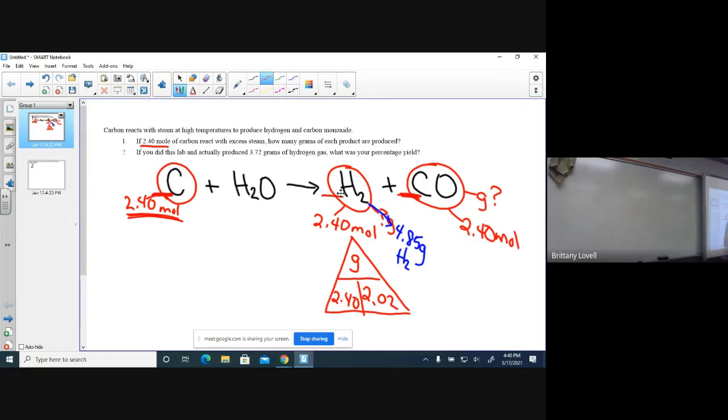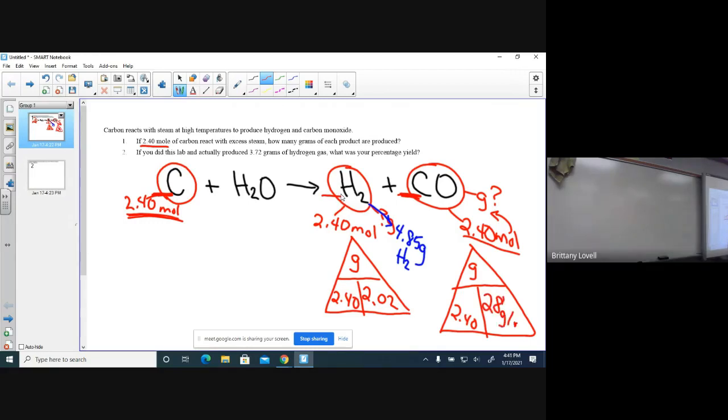All right. Now I'm just going to convert moles into grams, right? I'm going to do another little triangle here. I'm looking for my grams. I don't know that. I know the moles is 2.4. And I know the molar mass, I would look at the periodic table. Carbon is 12. Oxygen is about 16. So that'd be around 28 grams per mole.